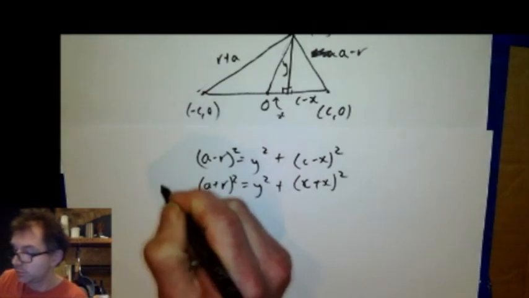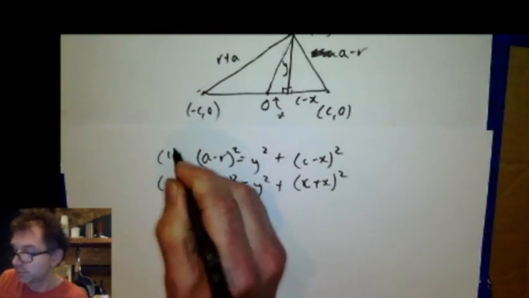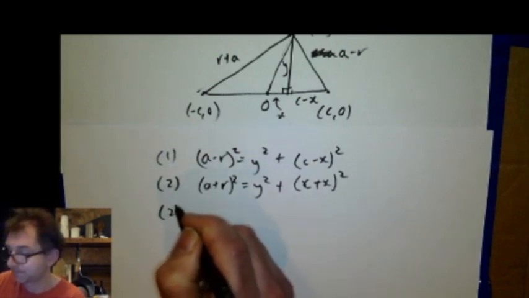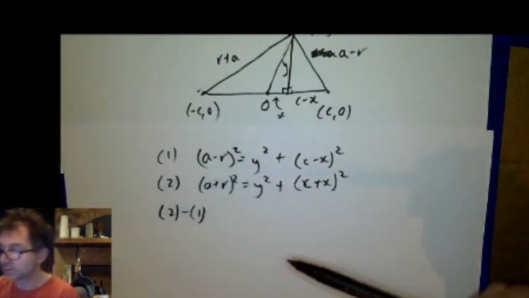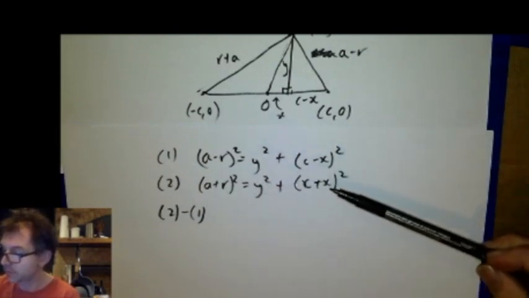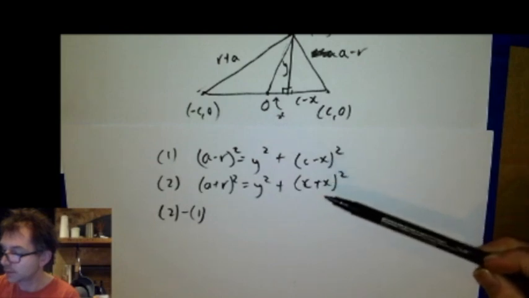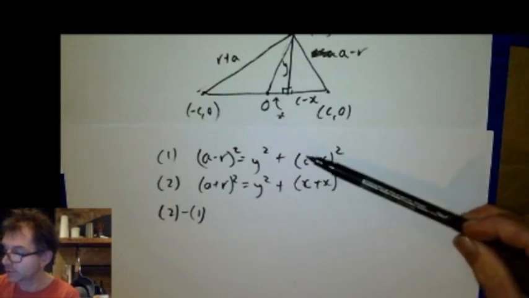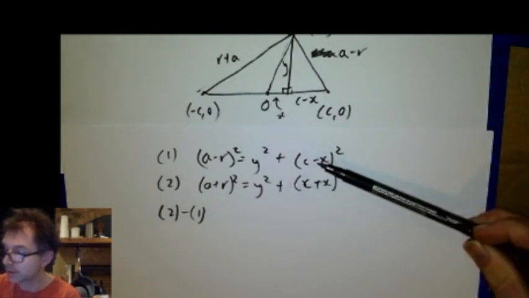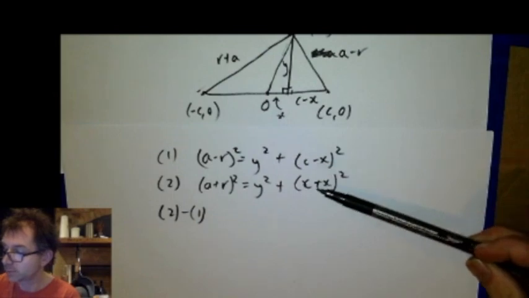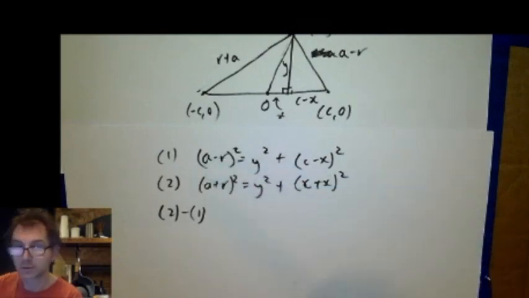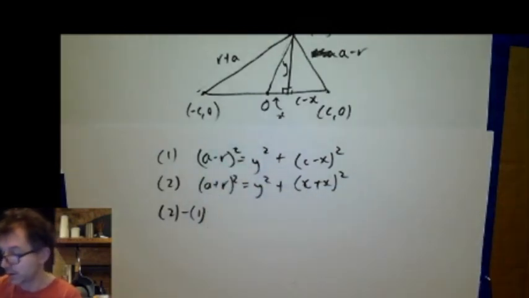And if that's my equation 2 and that's my equation 1, if you do 2 minus 1, you can see lots of stuff is going to cancel. So you get the y squared cancels, the x squared is going to cancel, the c squared is going to cancel, there'll be a cross term of 2cx and a cross term of minus 2cx, so when you take the difference you get 4cx, and similarly over here you're just going to get 4ar.